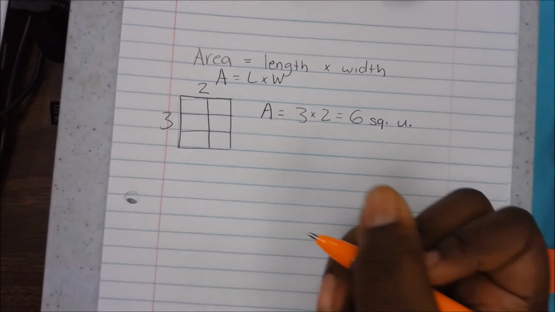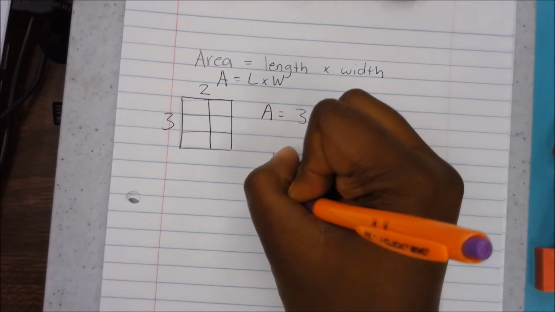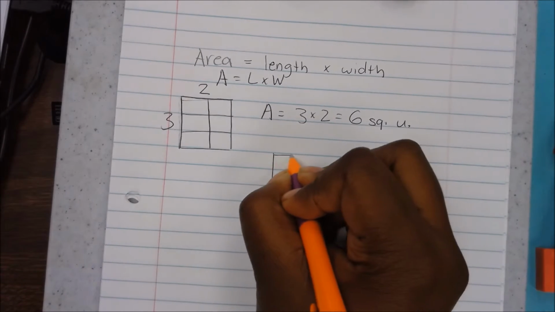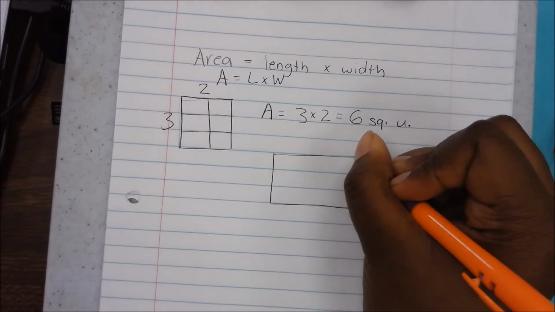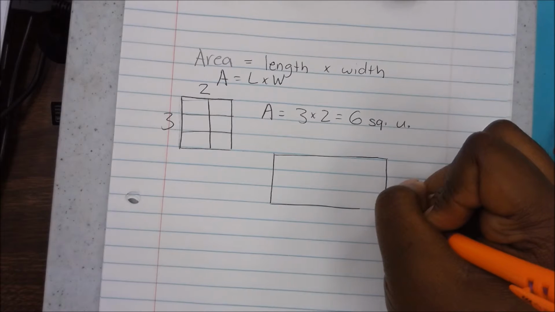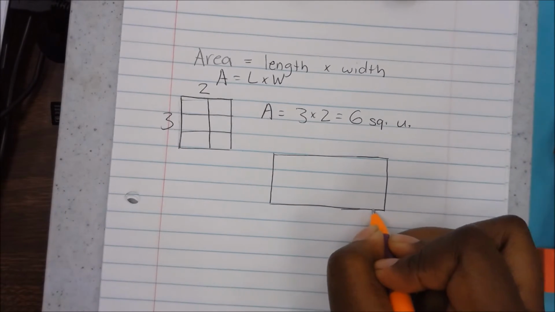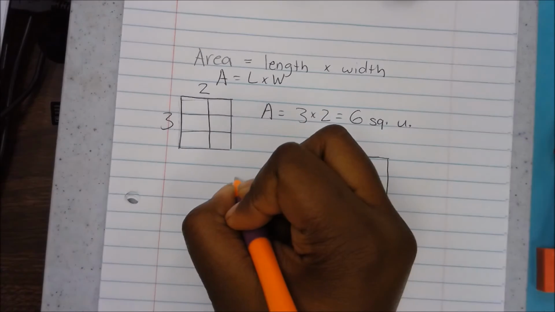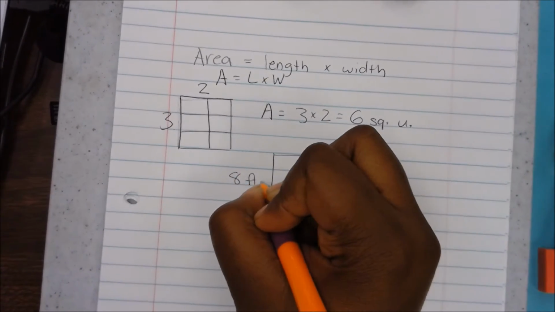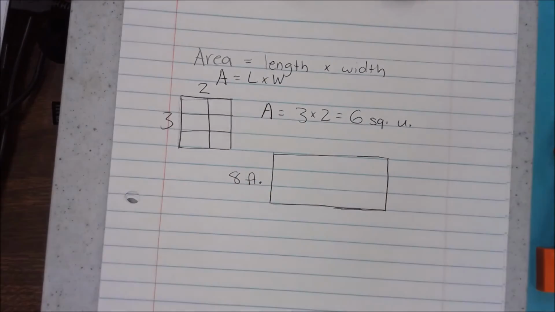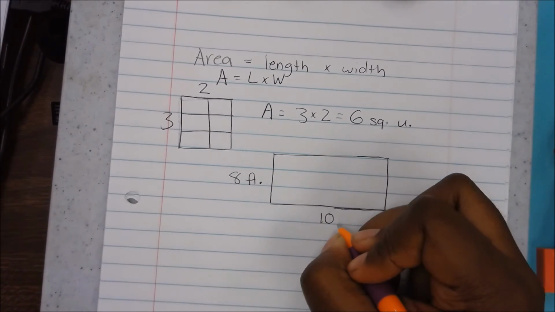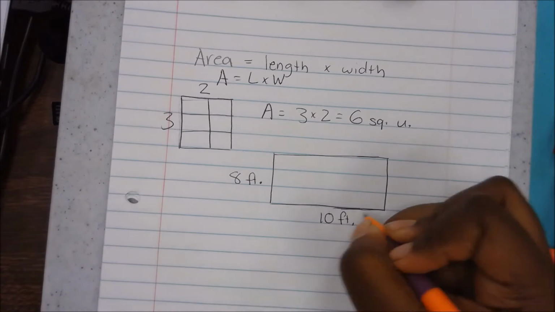Now once you begin to understand that, you will have shapes that do not have the toweling in them, but instead have measurements to represent the space that is being drawn. For example, I might have 8 feet on this side, and maybe this length or width is 10 feet.